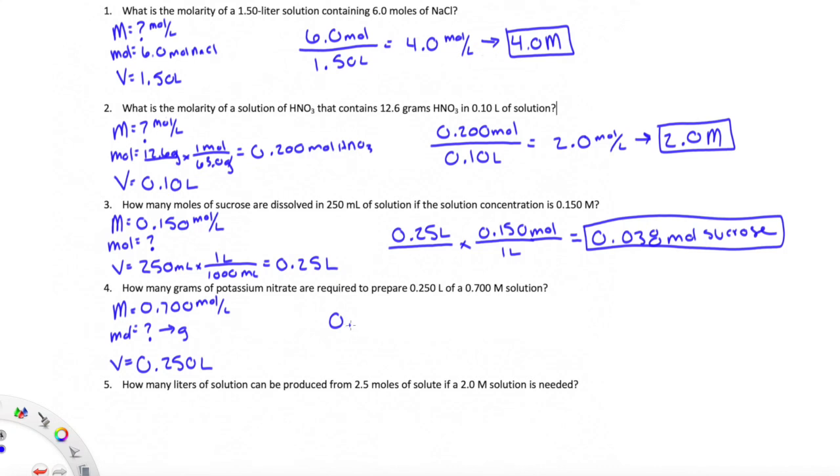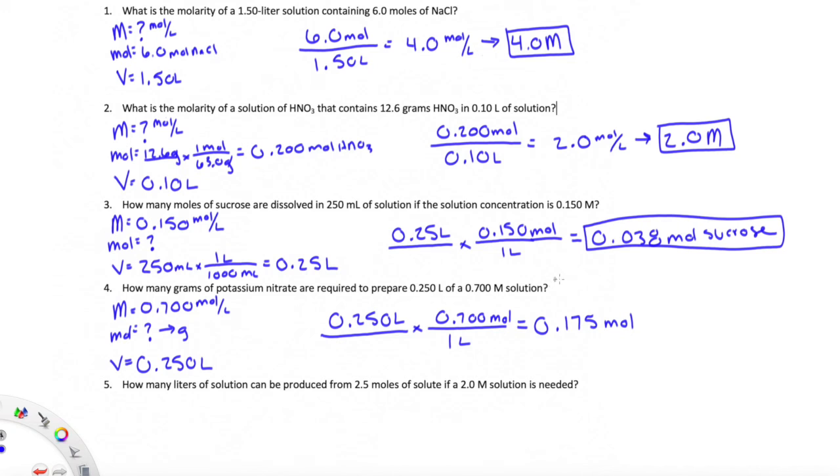So 0.250 liters. And I'm going to set up my molarity so that liters cancels out and it leaves me with moles. All right, and when I do this calculation, that's going to tell me that I have 0.175 moles of potassium nitrate.